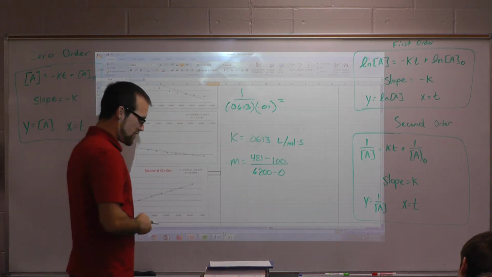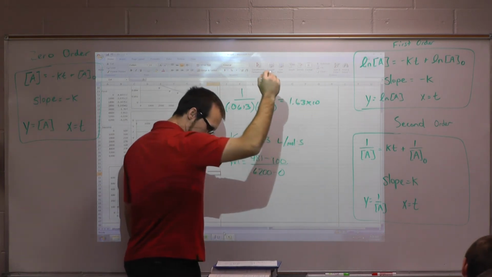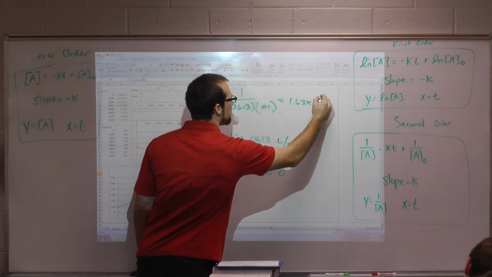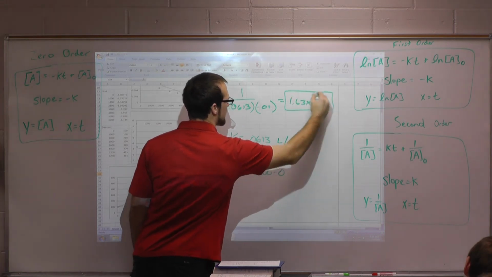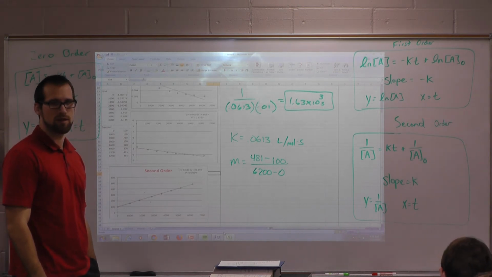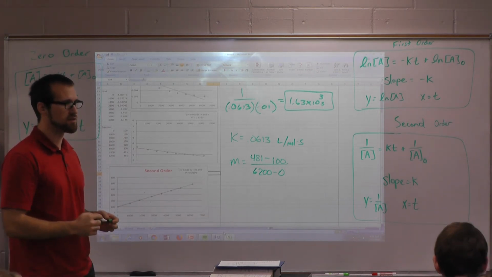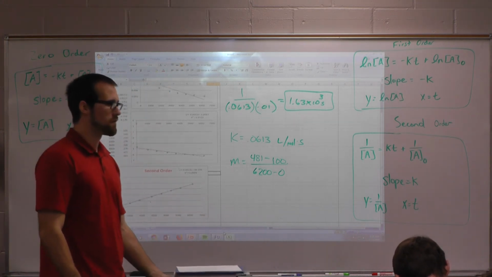When you solve that, you should get 1.63. So, what does that time tell you? Half of the reactants to be used up. Okay?